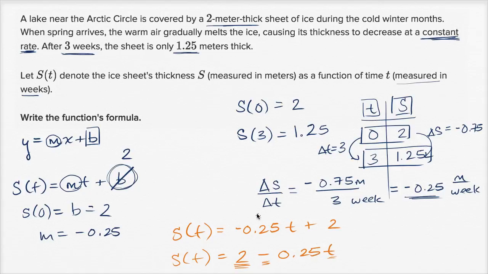And if you really want to get this on an even deeper level, I encourage you to graph it, and it'll become even clearer what's going on here. This is the slope of the line that represents the solution set to this equation. And this 2 would be your vertical intercept. In this case, it would be your s-intercept as opposed to your y-intercept when y is the vertical axis.